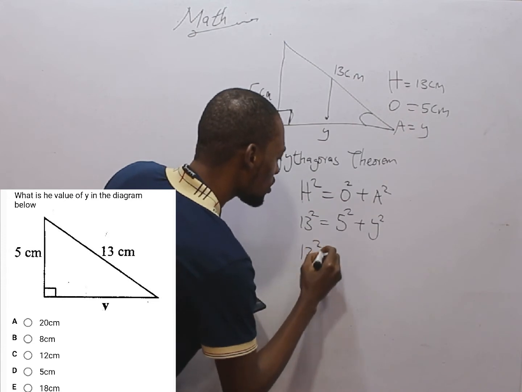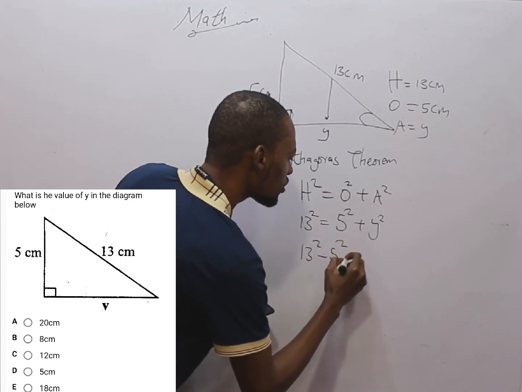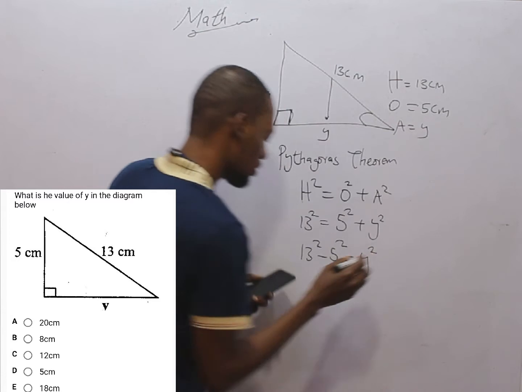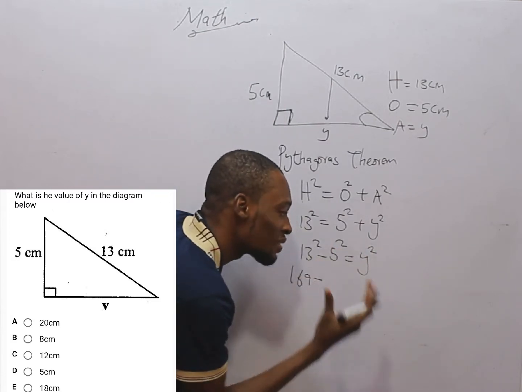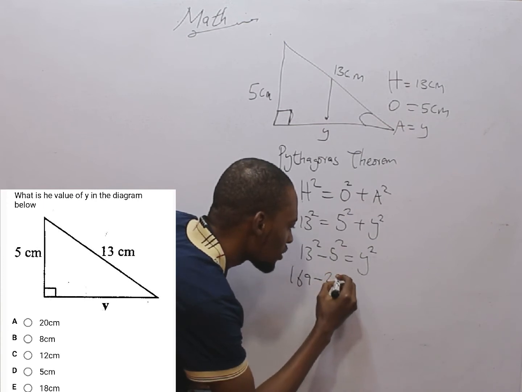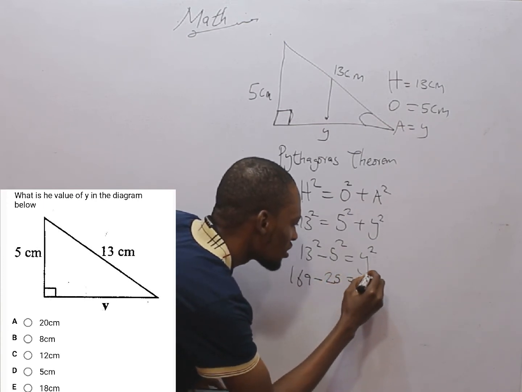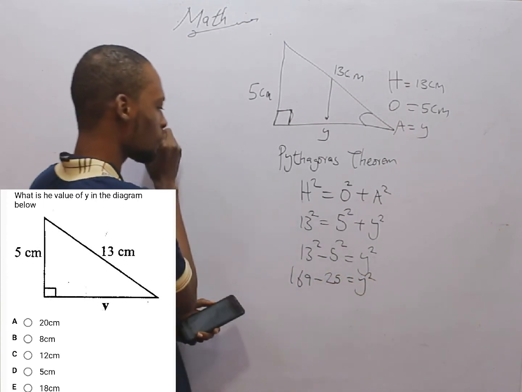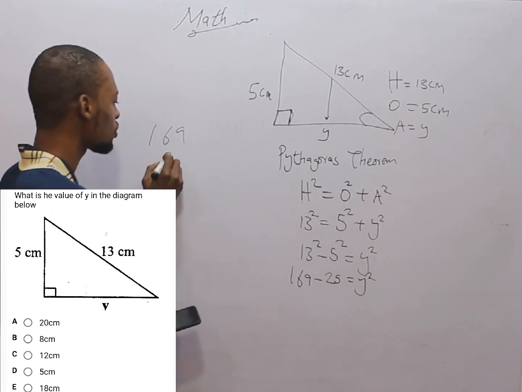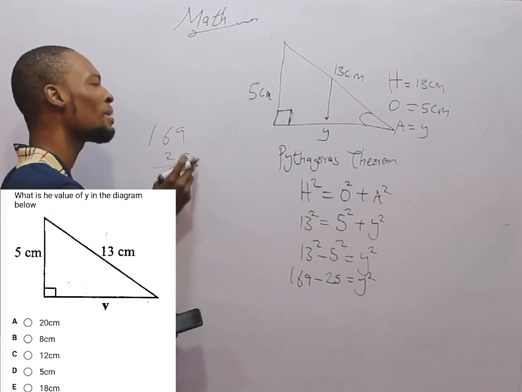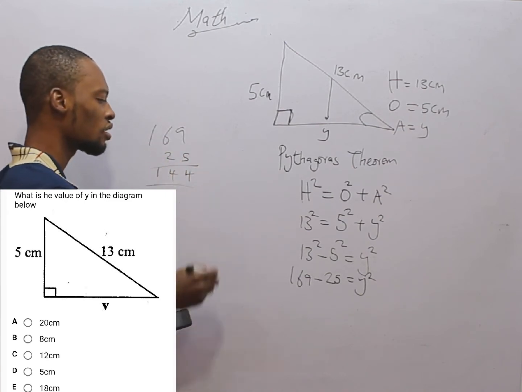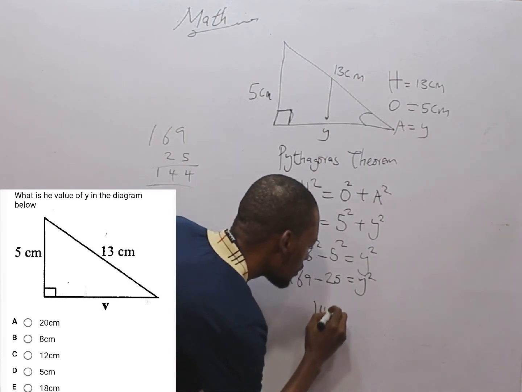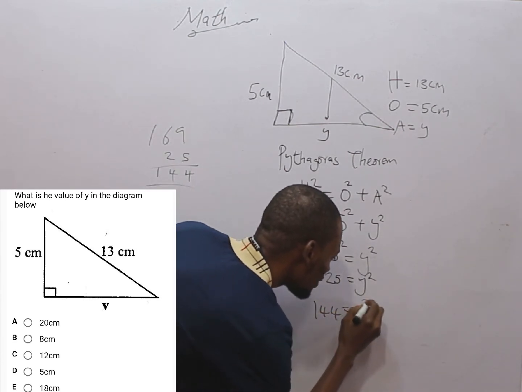13 squared minus 5 squared equals Y squared. 169 minus 5 squared, that's 5 times 5, 25, equals Y squared. So 169 minus 25: 9 minus 5 is 4, 6 minus 2 is 4, 1 remains, which means 144 equals Y squared.